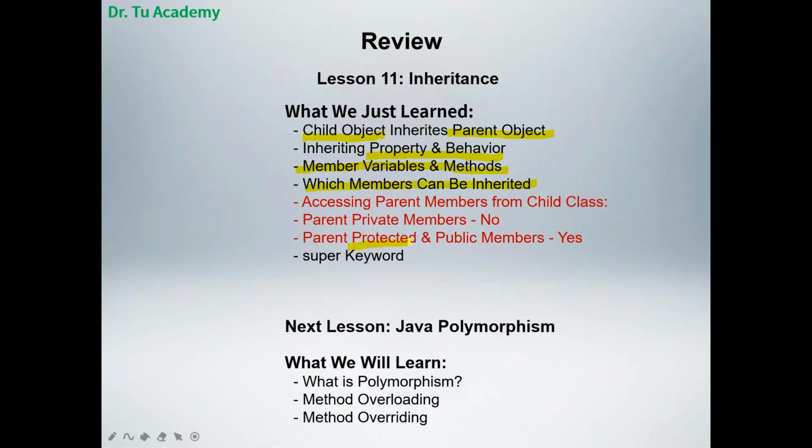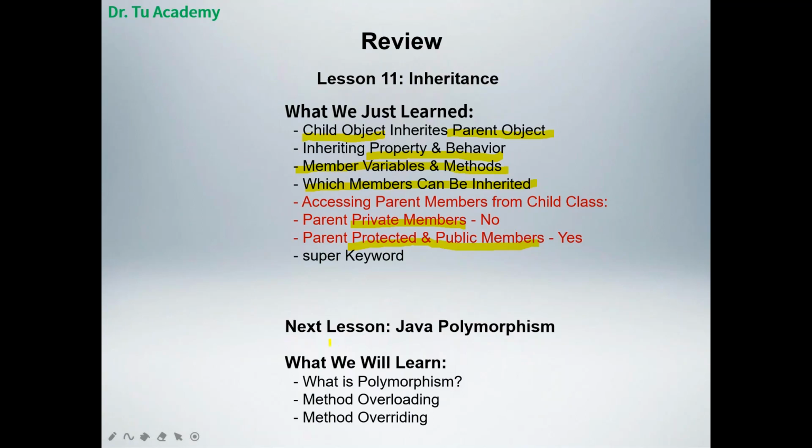Protected and public members can be inherited. Private members cannot be inherited. So in our child class, we can access the protected and public members of its parent class, but it cannot access the private members of its parent class.